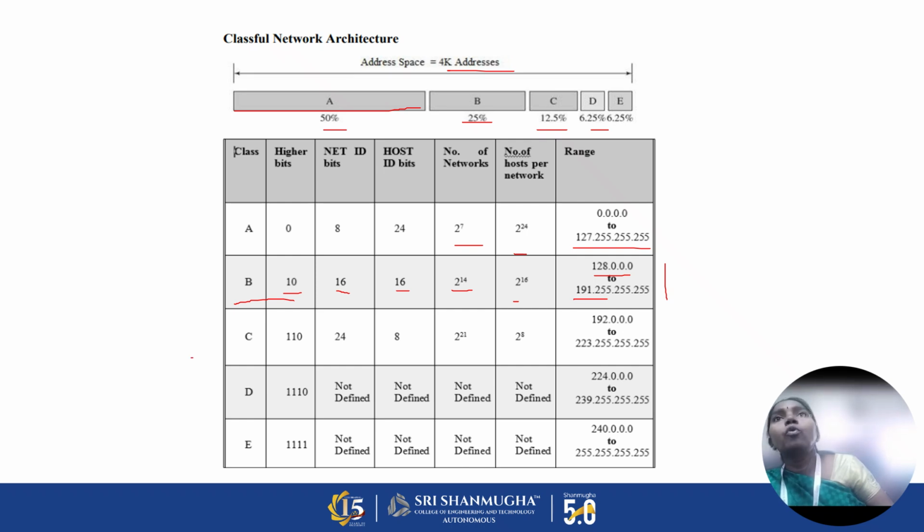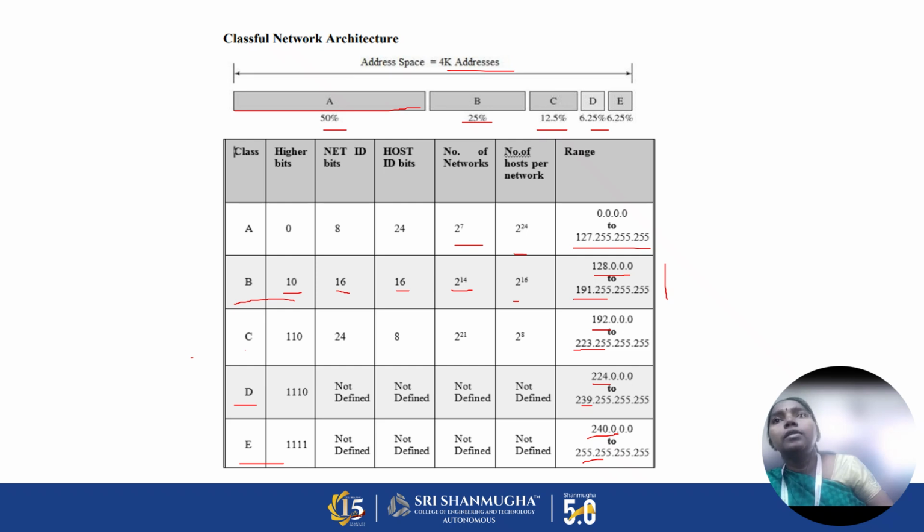Totally we are using 4K addresses, so we are classifying them into A, B, C, D and E. If you consider class A, the range is 0 to 127. For class B, the range is 128 to 191. For class C, it is 192 to 223, and for class D it is 224 to 239. For class E the range is 240 to 255, and here the host per network is not defined.